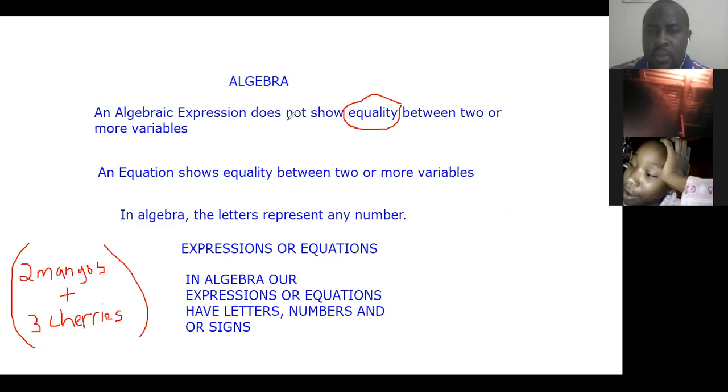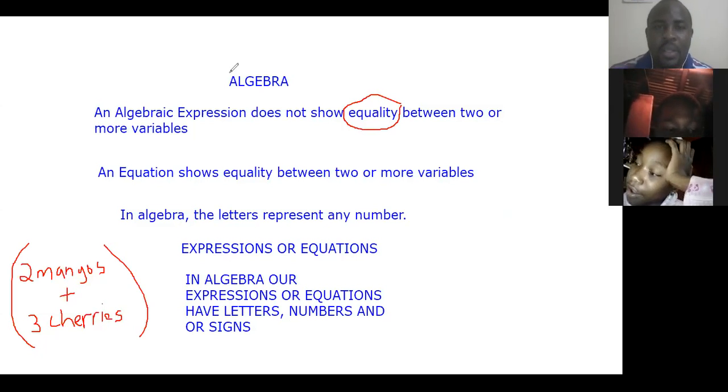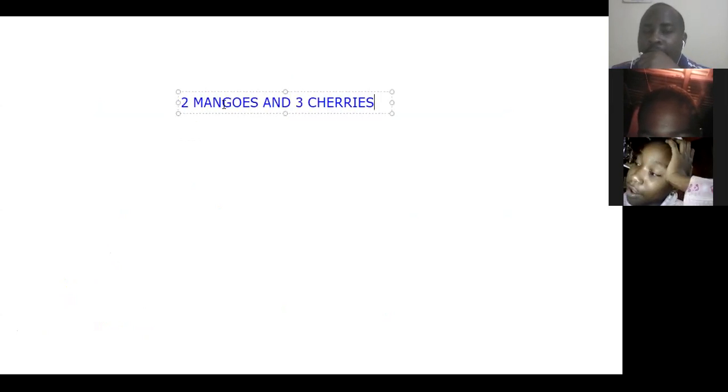Now, we're saying we have 2 mangoes and 3 cherries. We can represent this in mathematics using algebra. Now, we don't use the words mangoes and cherries in maths.